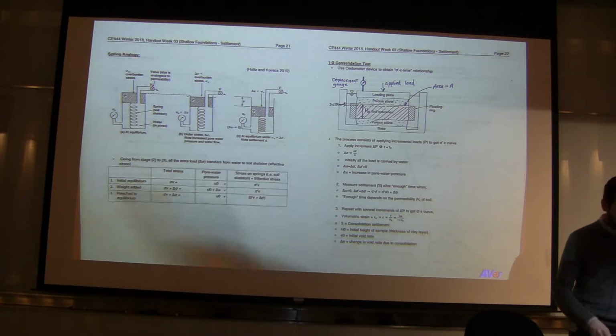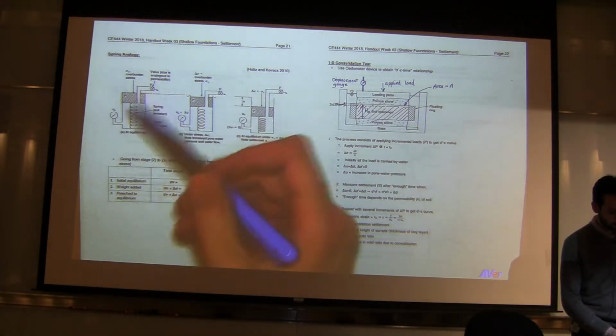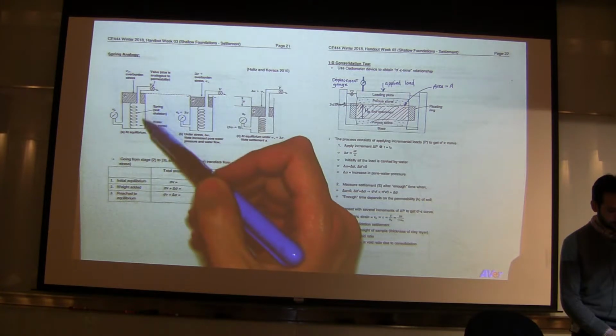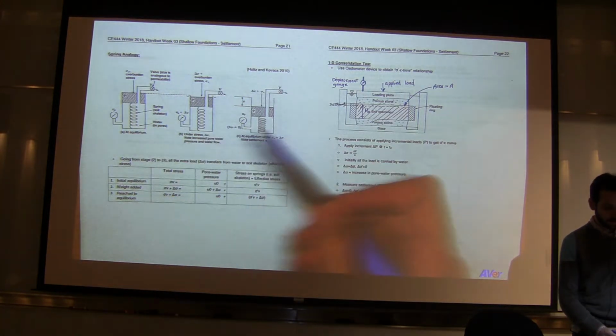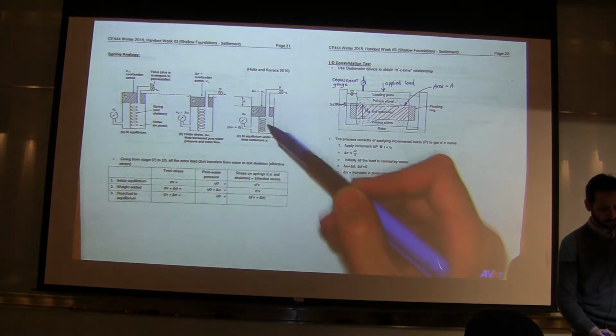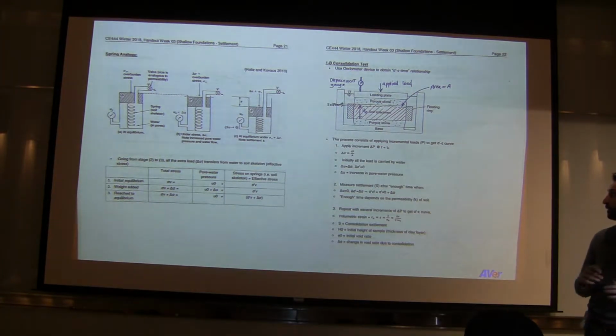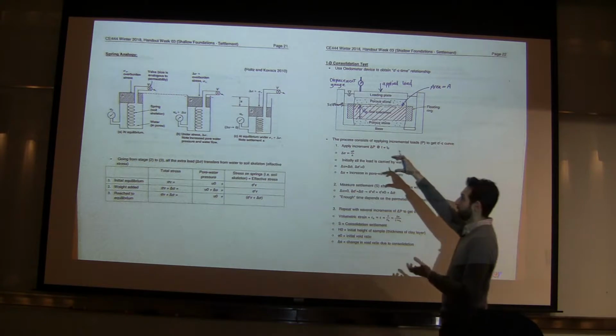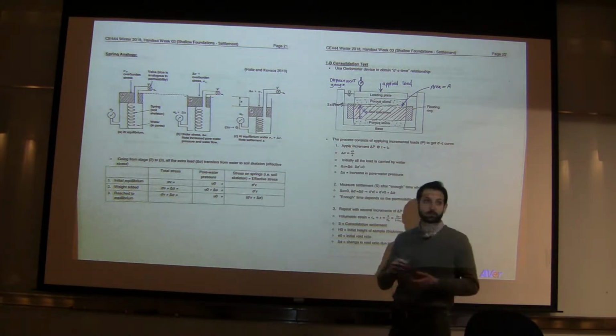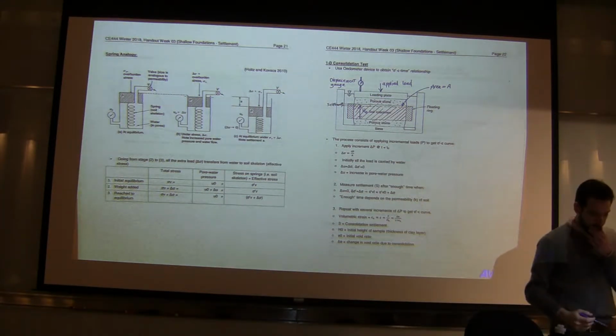We use the spring analogy where you apply the load, it first goes on the fluid and then transfers to the spring, and as this process happens, the water exits the soil system, and that's why the piston starts going down. That's why you get the consolidation settlement.